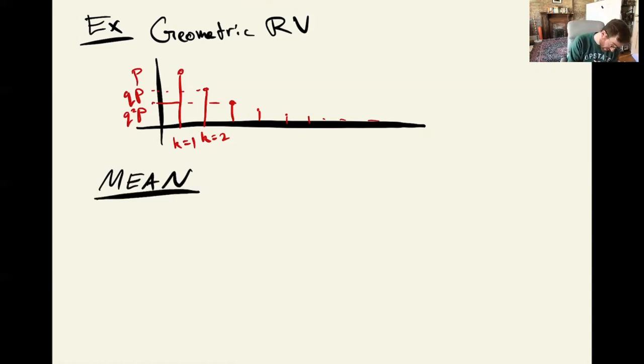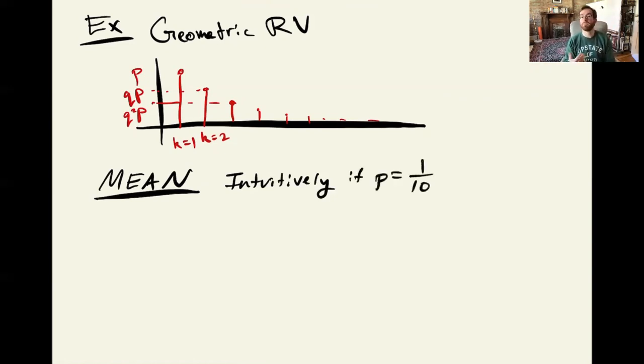Well, intuitively, let's say P is 1/10. So that means if my chance of success on any given try is 1/10, how many times do you maybe expect to need to try before having your first success? Because again, counting when that first success occurs is the definition of the geometric random variable.